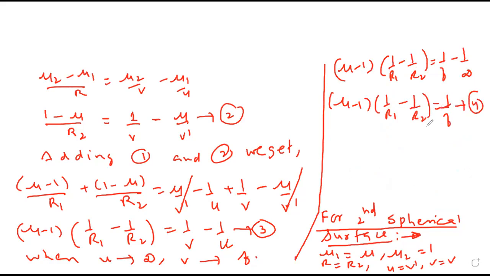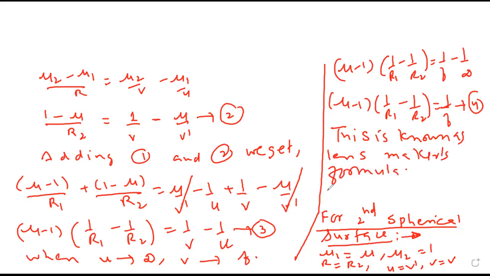So 1 upon f equals mu minus 1 into 1 upon R1 minus 1 upon R2. This is known as the lens maker's formula.